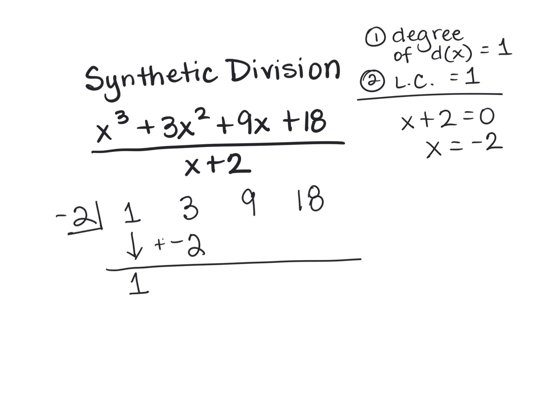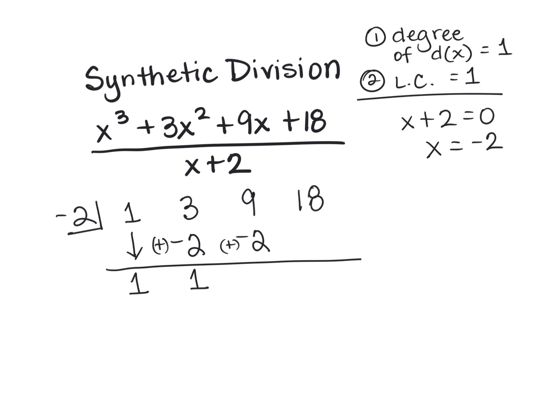And now we're going to add that. So 3 minus 2 gives me a 1. And then I go back to my multiplication. So again, I'm going to multiply what I pulled down from the addition by what's in the box. So I have negative 2 times 1. That's going to give me a negative 2. And then again, I add this.